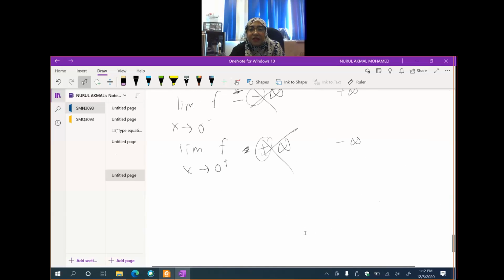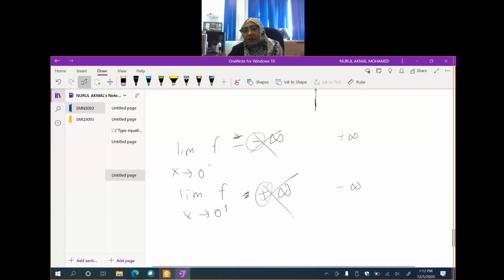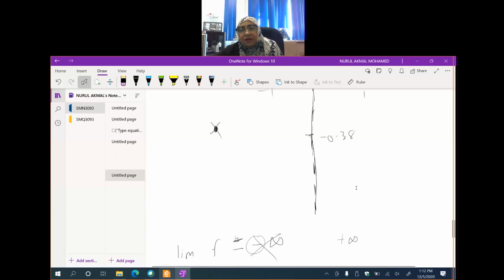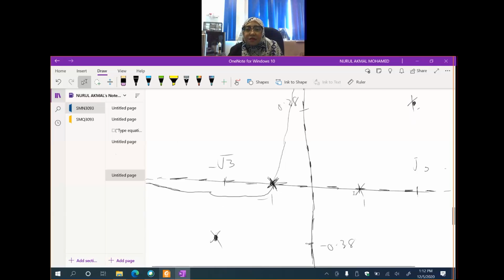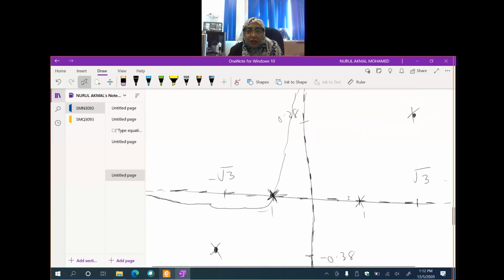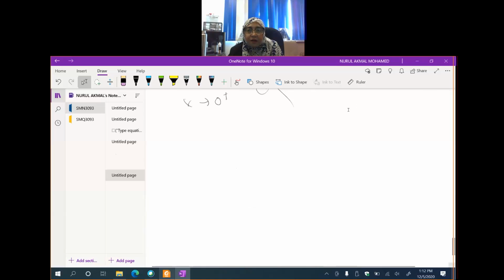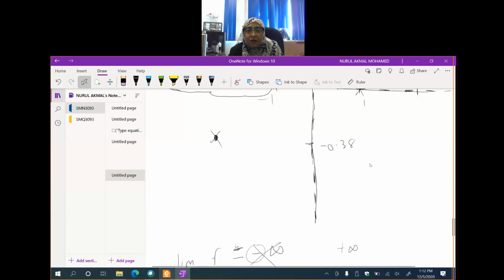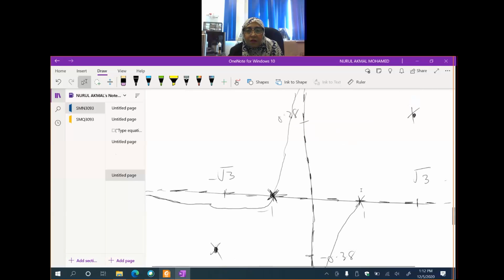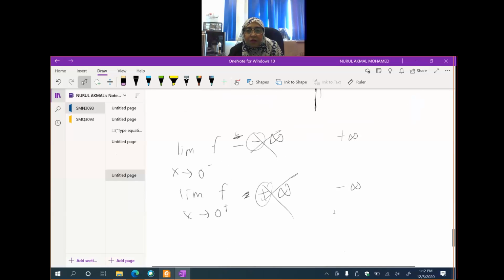Okay, the next one, 0 positive is negative infinity. So it's coming from below. It should be coming from below. Negative infinity for here. So it's coming from below, and then it will intersect at x equal to 1.